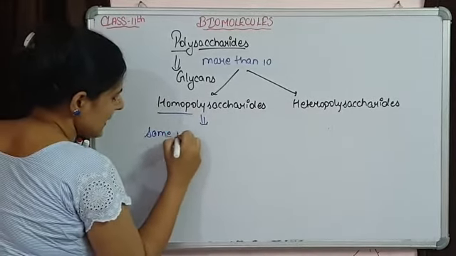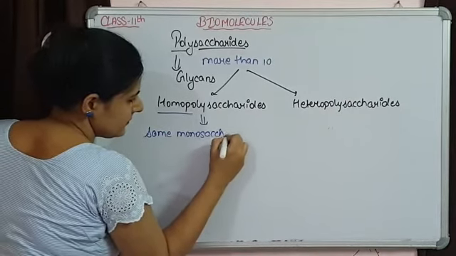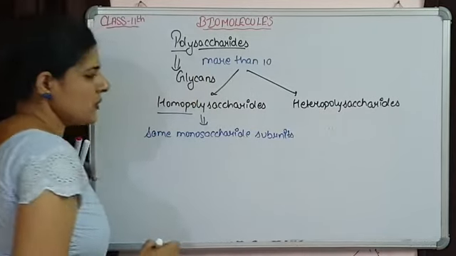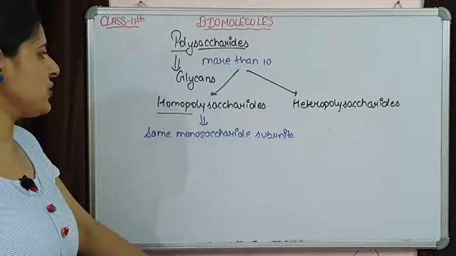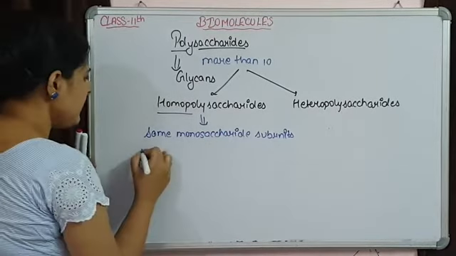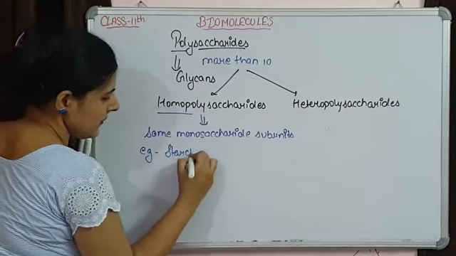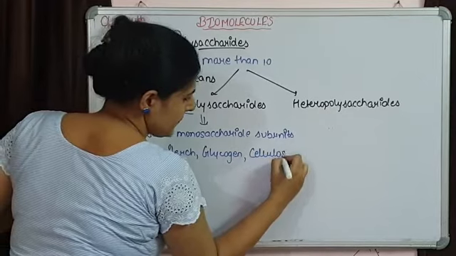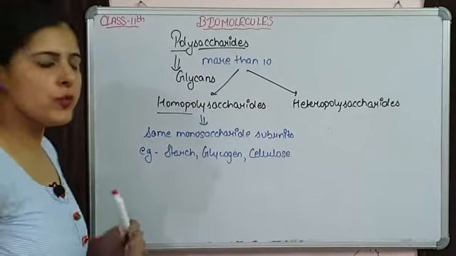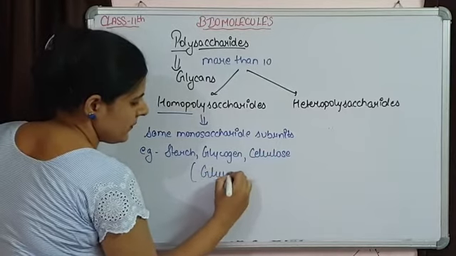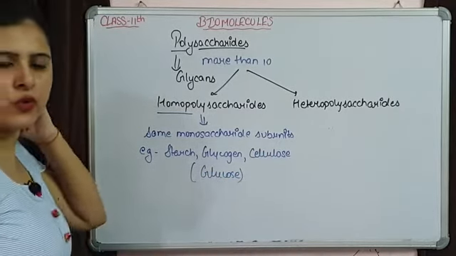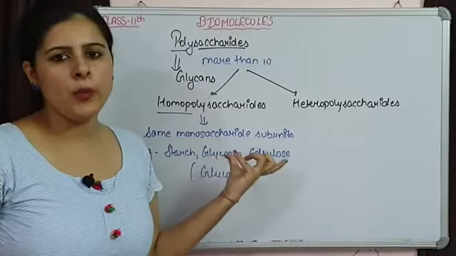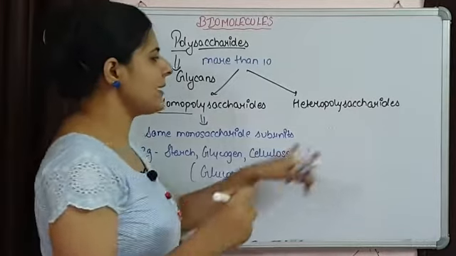Same monosaccharide subunits are attached with glycosidic bond and the result is formation of a homopolysaccharide. We have various examples like starch, glycogen, cellulose. All these are going to be formed from glucose. So there are various units of glucose which are forming glycosidic bonds with each other, and they are giving rise to these homopolysaccharides. Now the second one is heteropolysaccharide.